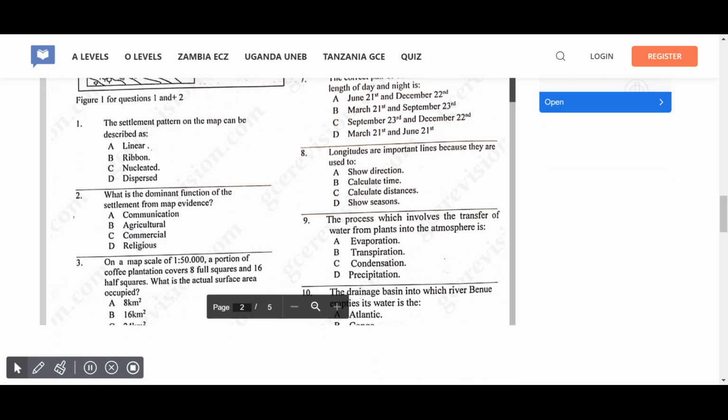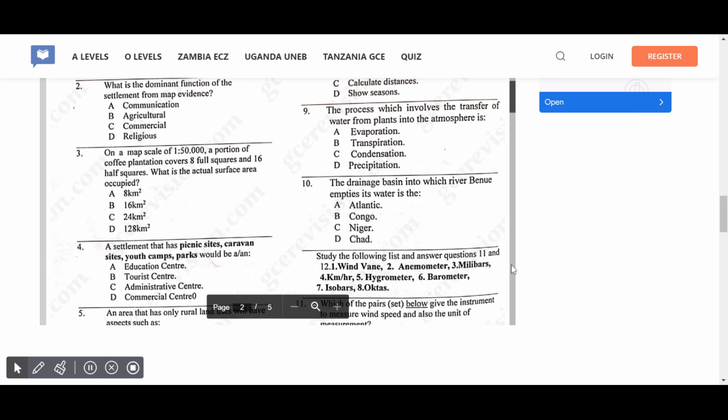Question 3. As I said before, question 3 you will do on your own. Then let's move to question 4.